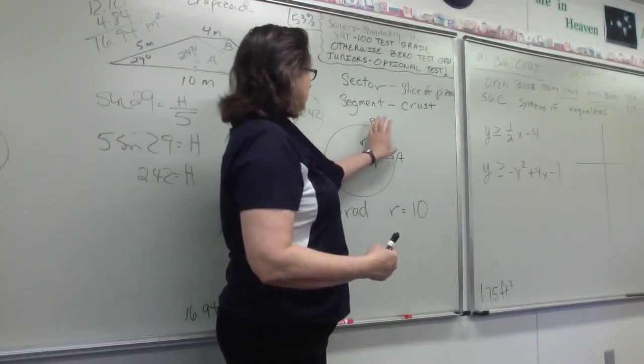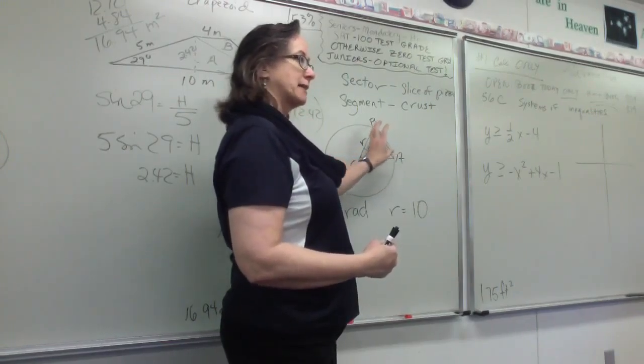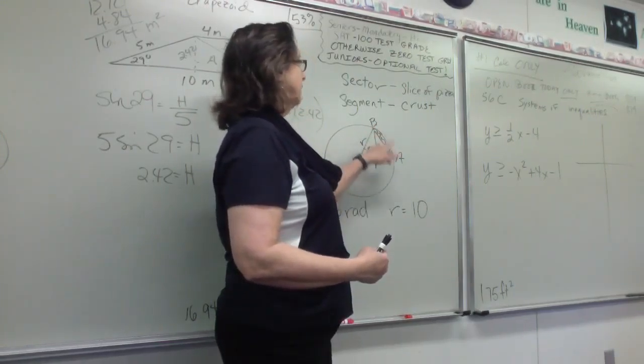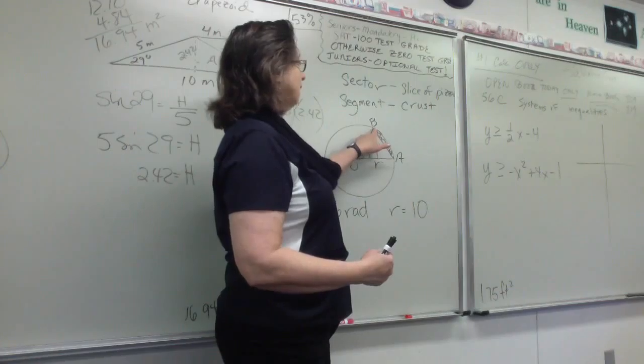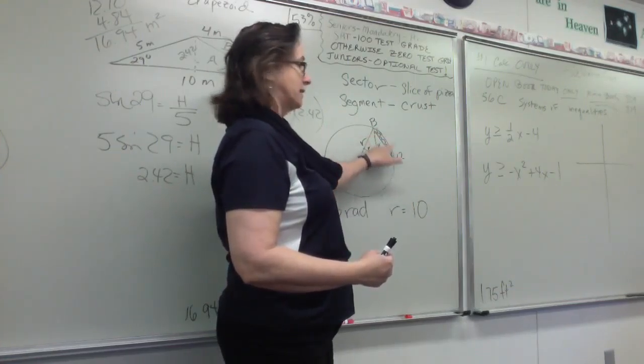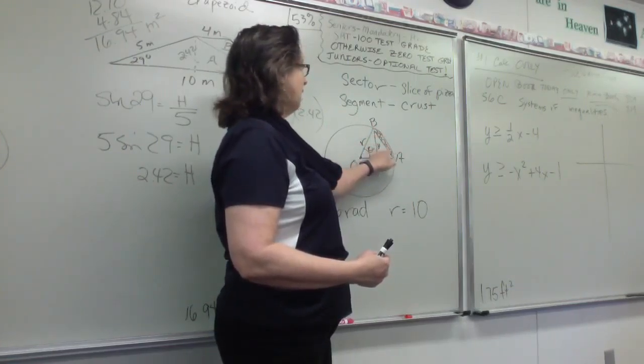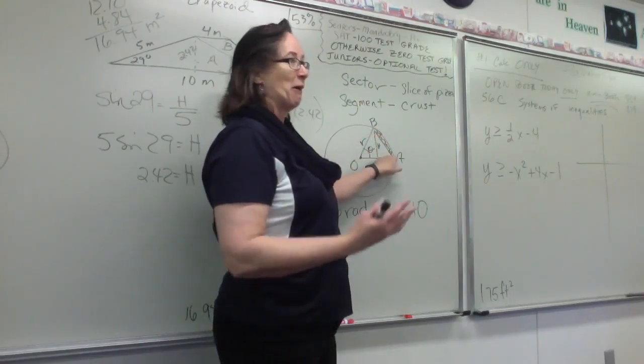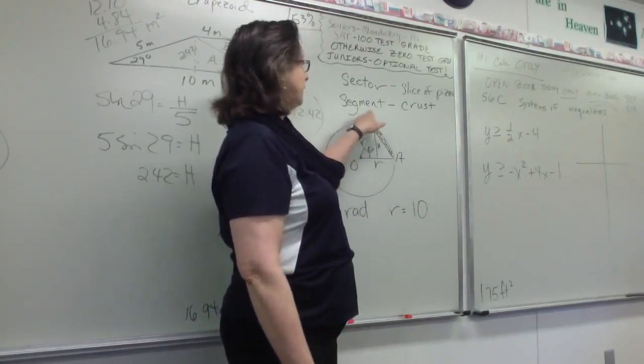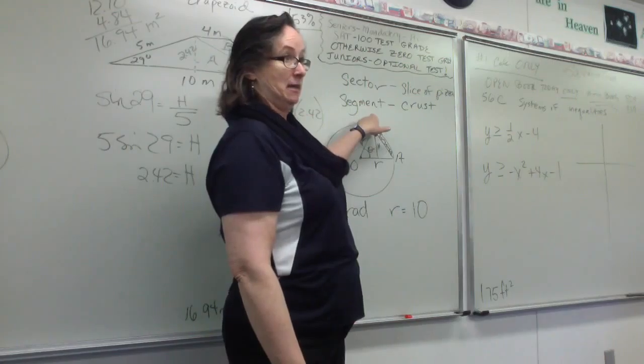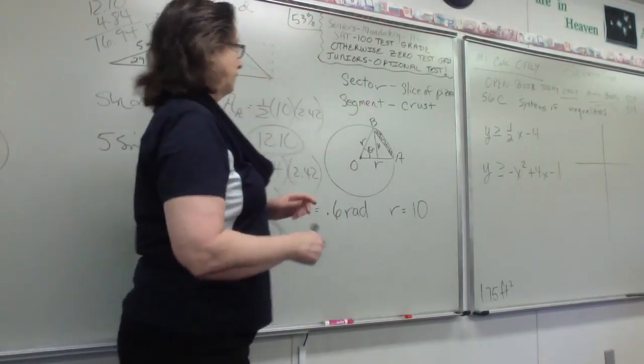So if you look at the slice of the pizza, it's the whole thing, and then you draw a line in between the endpoints of that arc. That crust of the pizza is the segment. So you need to know those two words and what they mean.